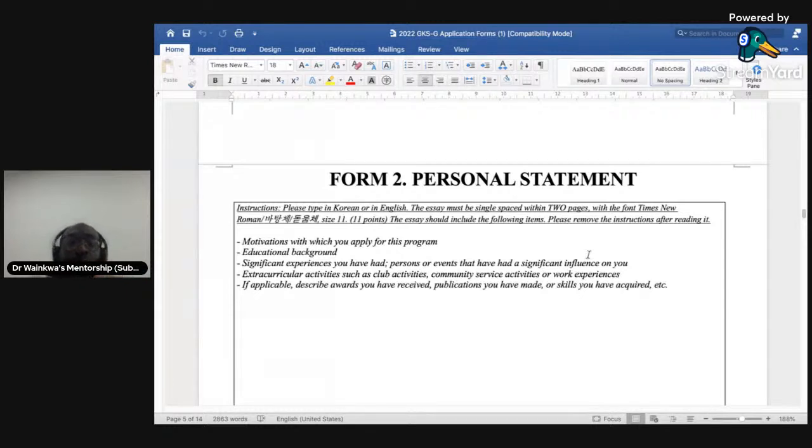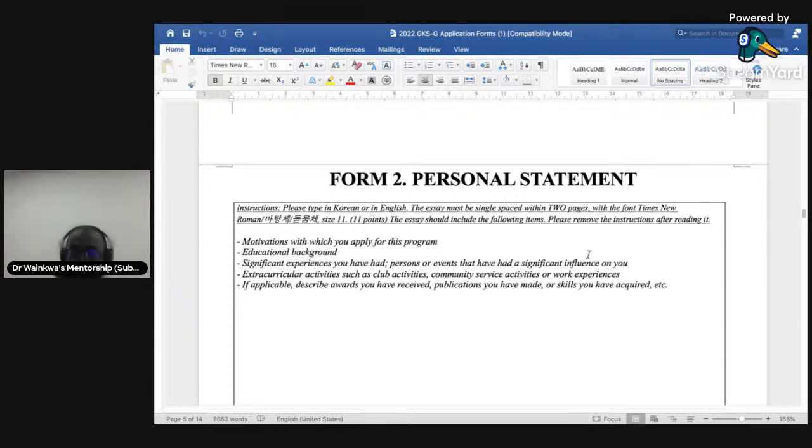Again, if you're not comfortable with Korean, do not try to write in Korean to impress those selecting. They know that Korean is not your language of instruction, so they will consider that when you are writing.